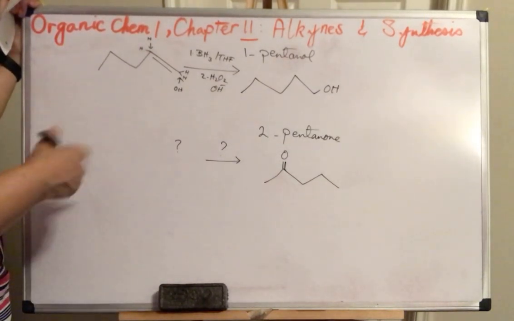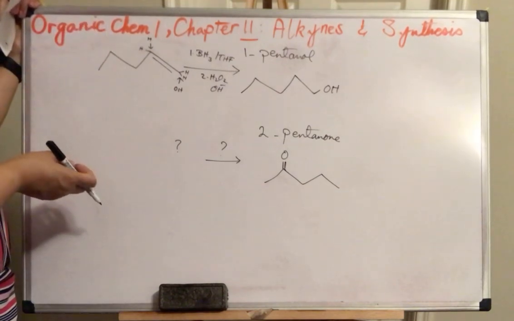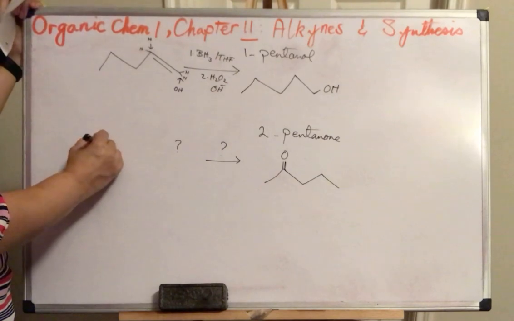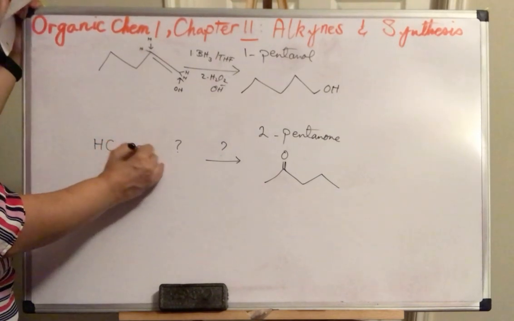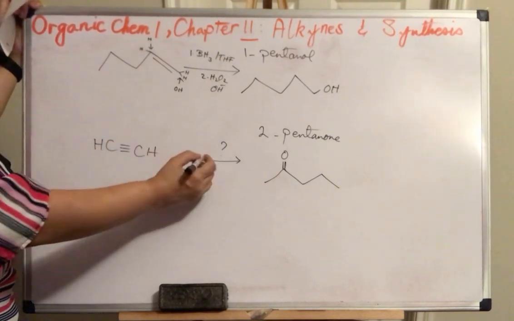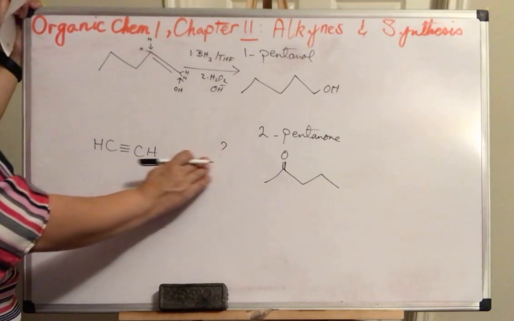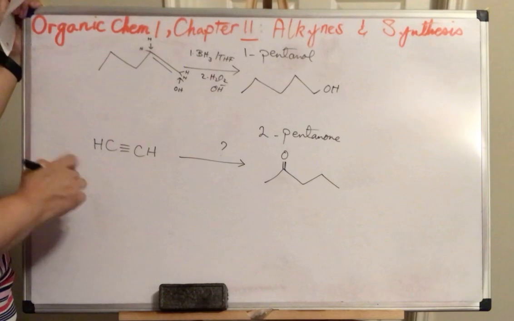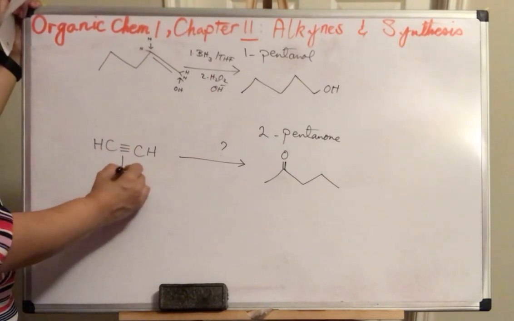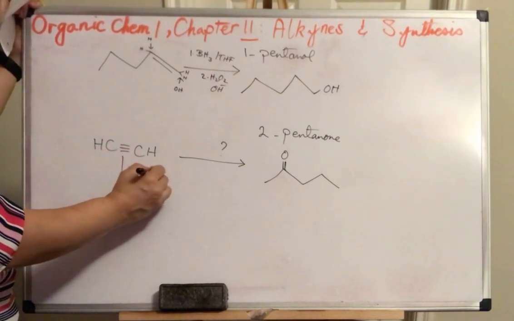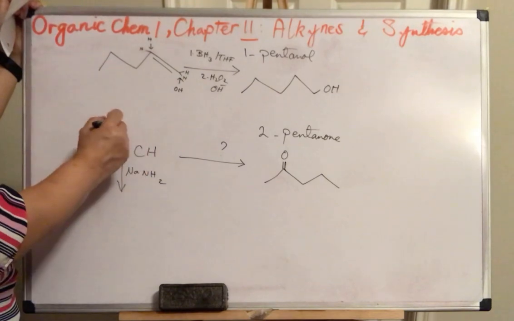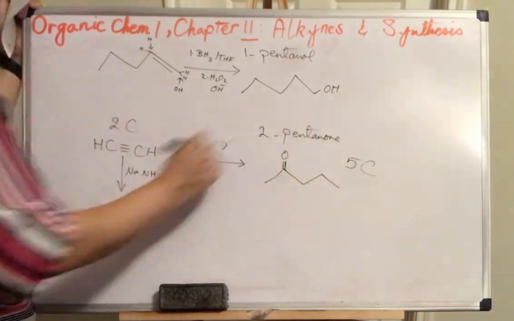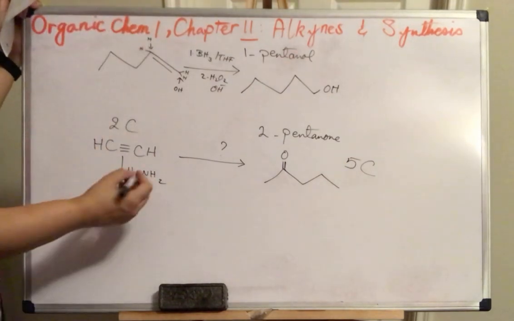One of the options that uses some of the reactions that we have used so far is, let's go from acetylene, or ethyne, to this. How? Whenever you deal with an alkyne, you definitely need to have NaNH2. So you have 2 carbons here. How many carbons here? 5 carbons. So you need to add 3 more.